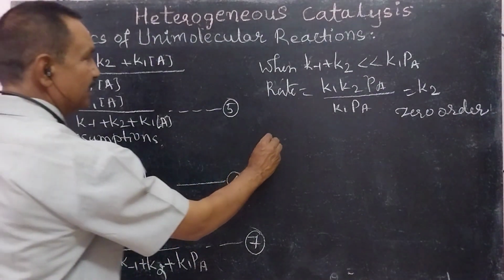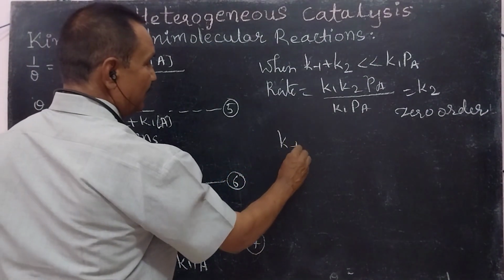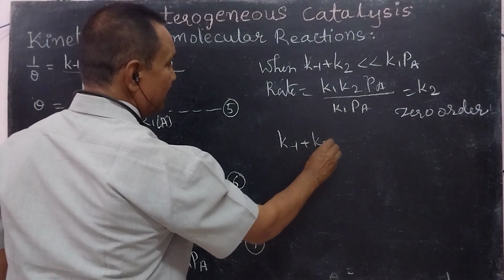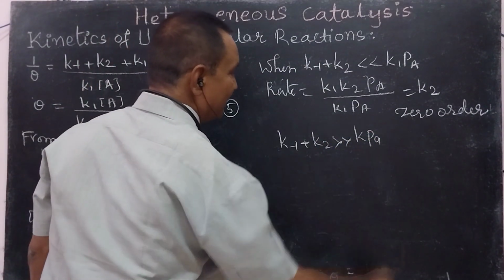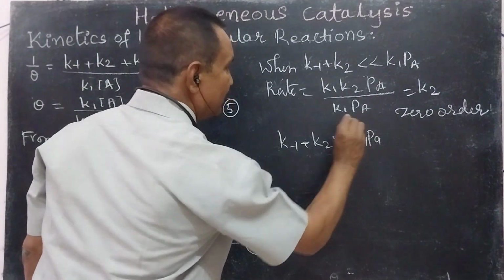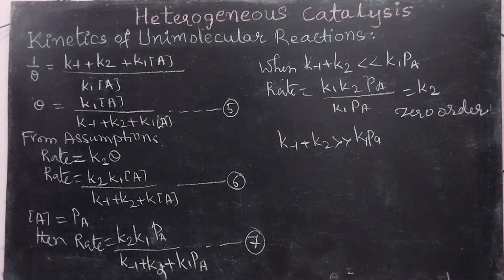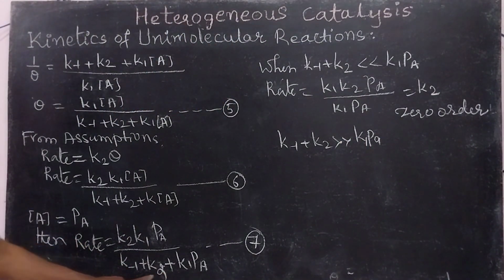Then another condition: when K minus 1 plus K2 is larger than K1 Pa. K1 Pa, which is smaller? This is smaller. This is considerable.